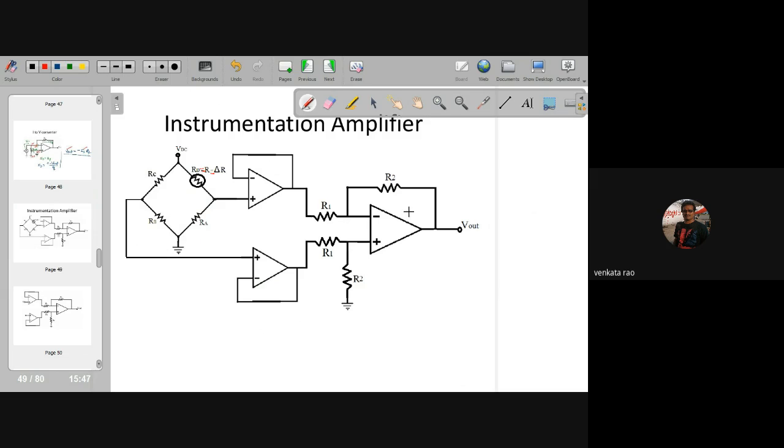Now the initial voltage is 1 volt, and the next level voltage is 1.001 volt. Now there is a change. The change is due to some property variation in a particular material, device or element. You can't neglect that change of 0.001.